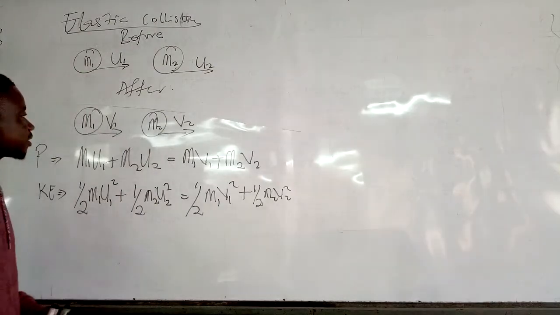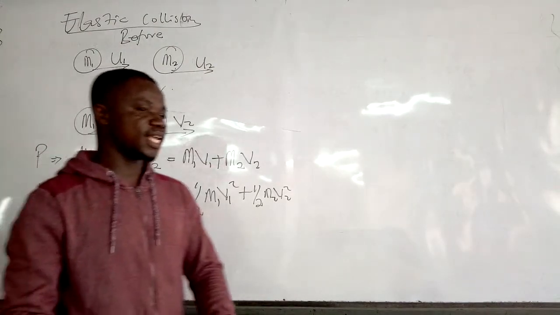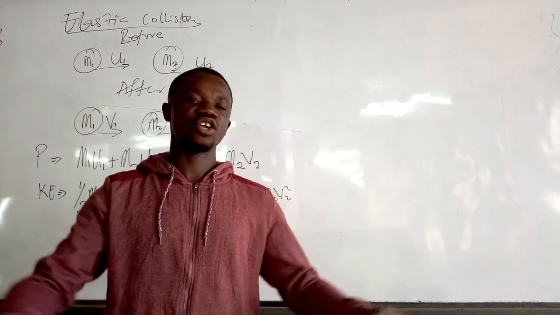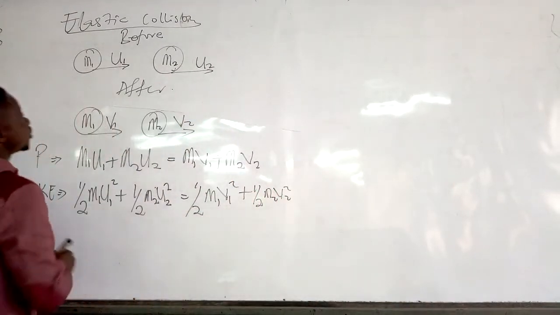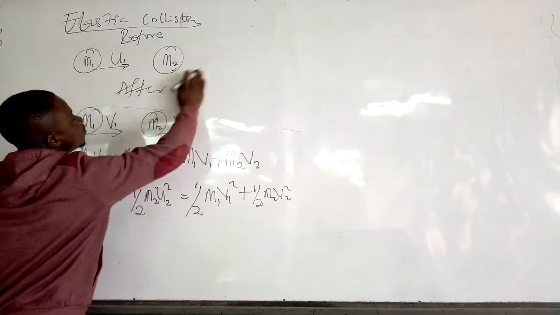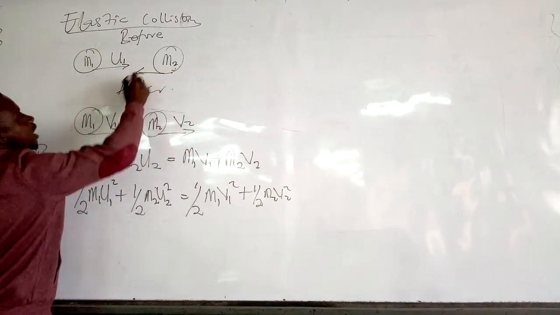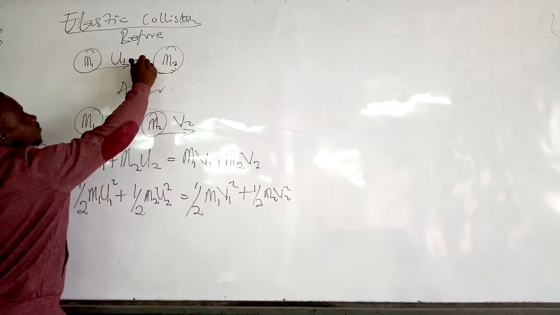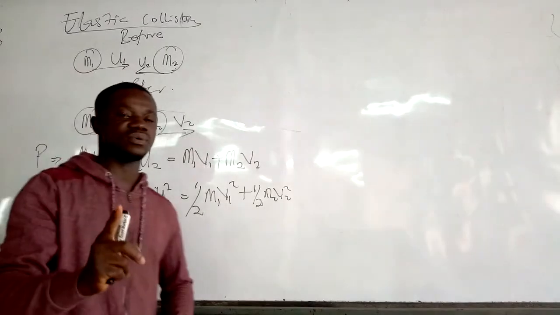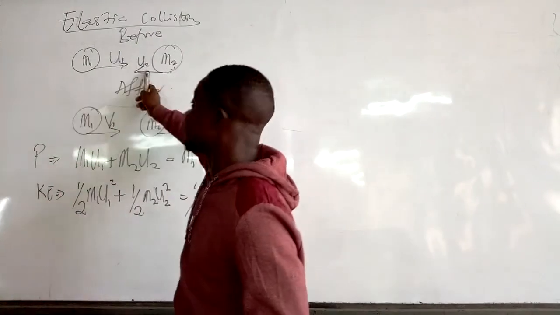Or perfectly elastic. Now, in a situation whereby the colliding bodies move in opposite directions before collision, for instance, when this body M2 is moving in this direction with velocity U2, because velocity is a vector quantity, we take into consideration the direction of the motion.